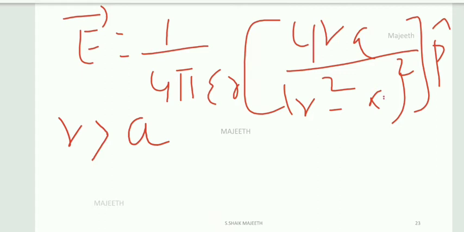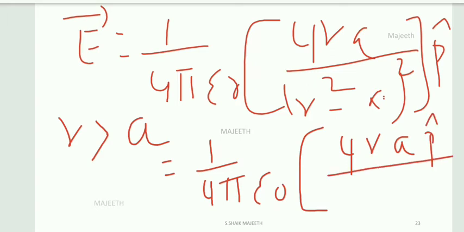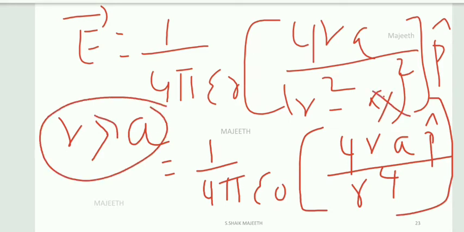This A is negligible, so you can remove that. 1 by 4 pi epsilon naught, 4RA into P vector divided by, this A will be removed, so R power 4. Why are we cancelling A? Because we are assuming that A is very very small. Suppose R is 100, A is 0.001, so we can neglect. So R cancels, so it will be R cube.